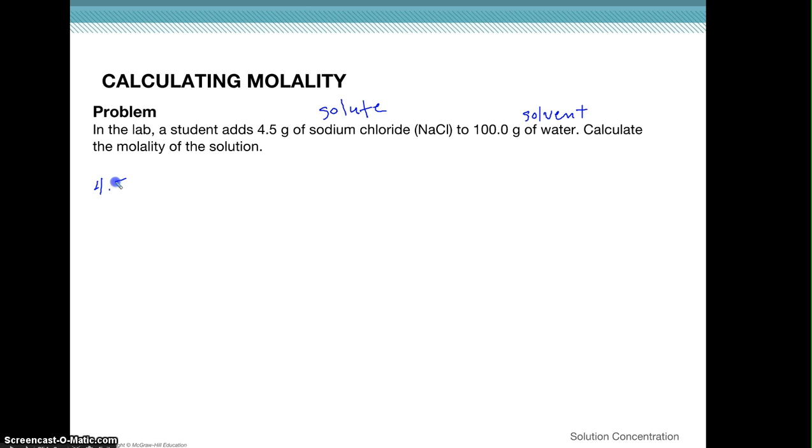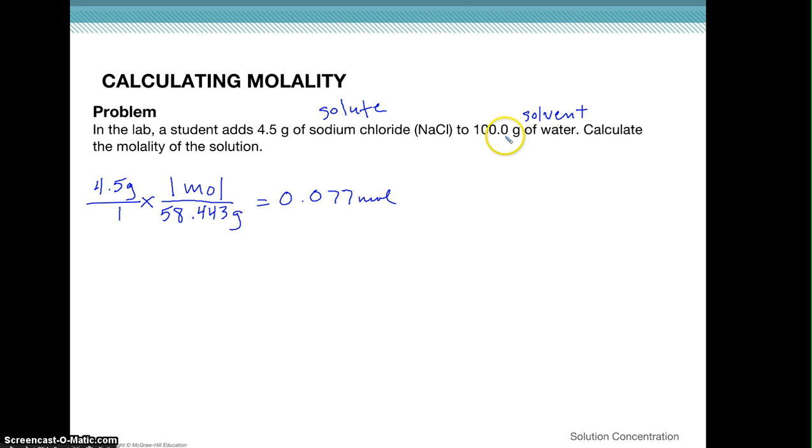So to convert 4.5 grams of NaCl into moles, we need to know the molar mass. From the periodic table, we add up the molar mass of NaCl. 1 mole has a mass of 58.443 grams. So that gives us 0.077 moles of NaCl.